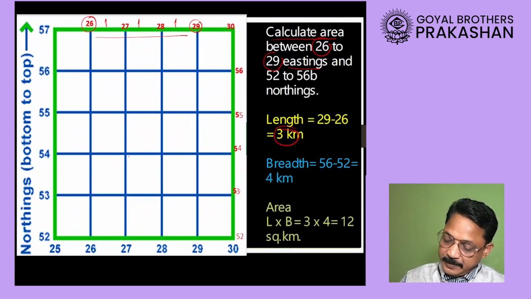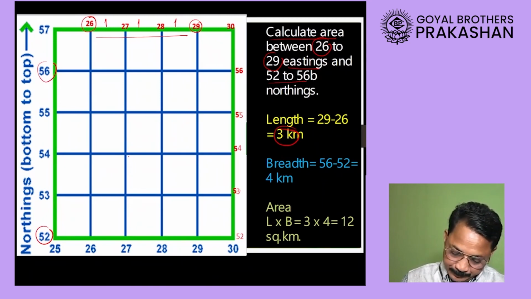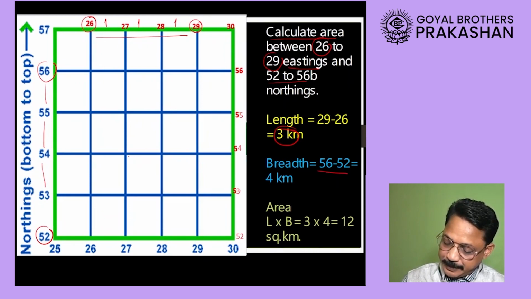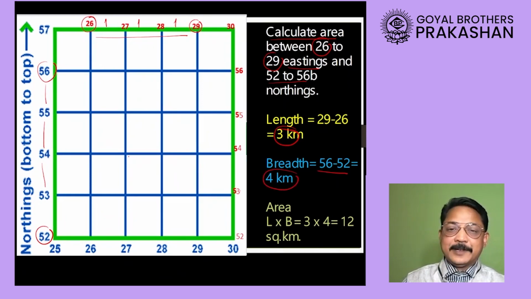Similarly, between the northings 52 to 56. So this is 52, here is 56. So 52 to 53, 1 kilometer. Then we have this 1 more kilometer, 1 more kilometer, and 1 more kilometer. So 56 minus 52, I get 4 kilometer.